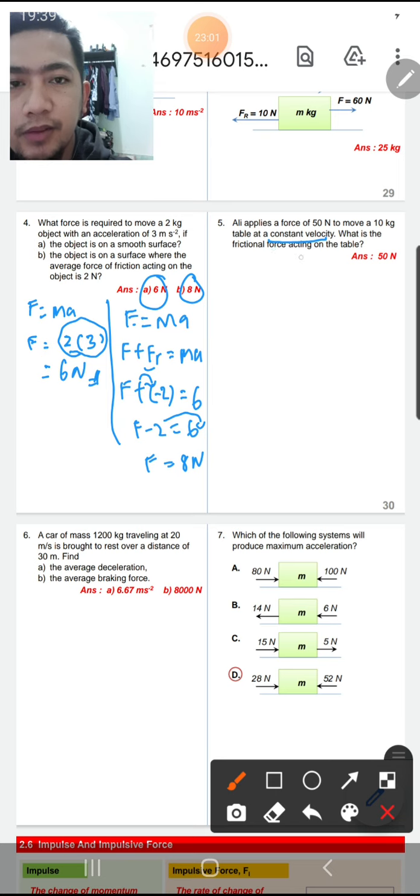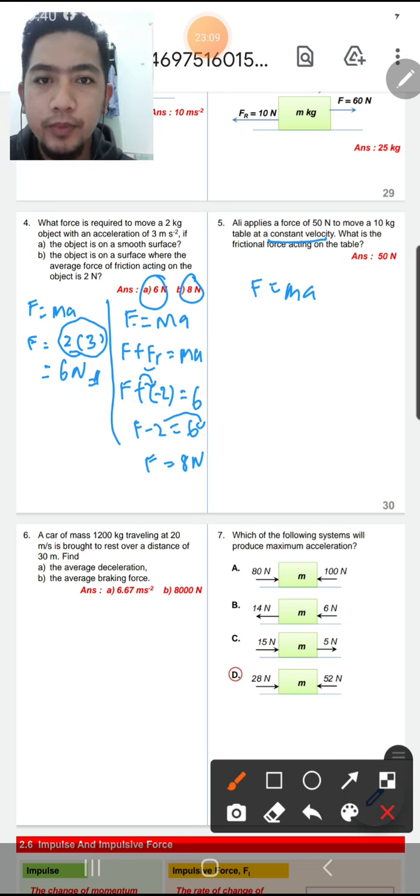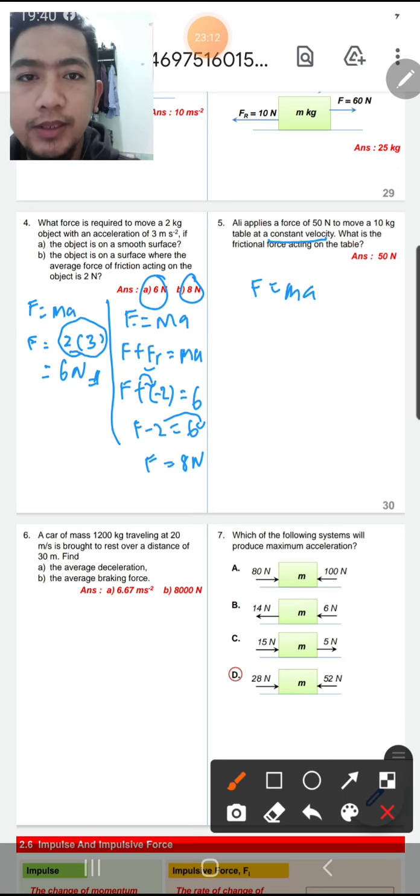First of all, we need to write the formula. So he pushes the table with 50 Newton. The mass of the table is 10. What is the frictional force?